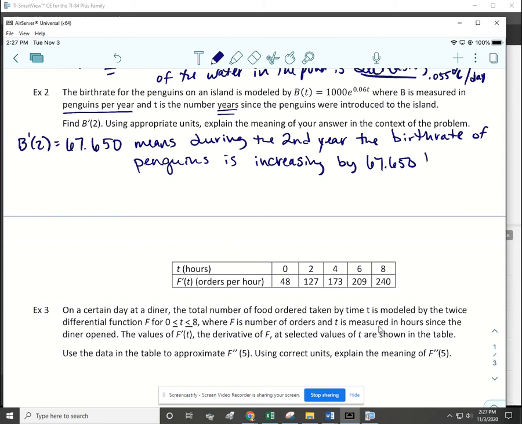So this is going to be penguins per year per year. So the birth rate of the penguins is increasing by 67.65 penguins per year. It's how fast the rate is increasing. So when a rate increases, you get a double year.